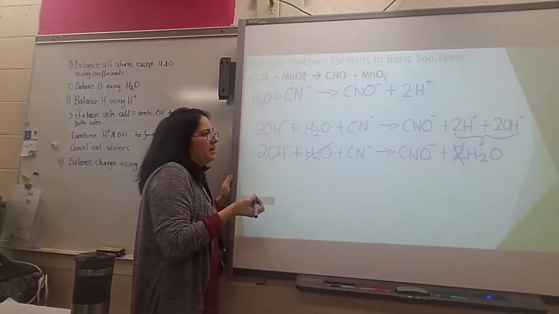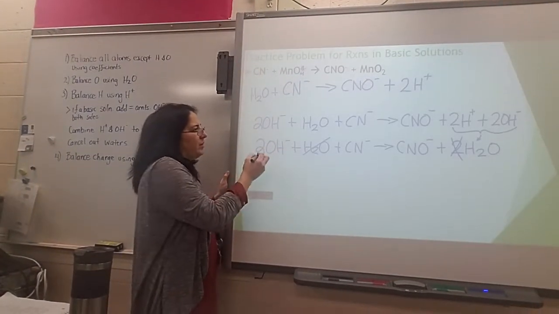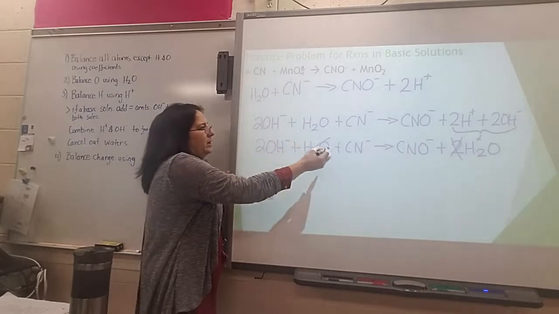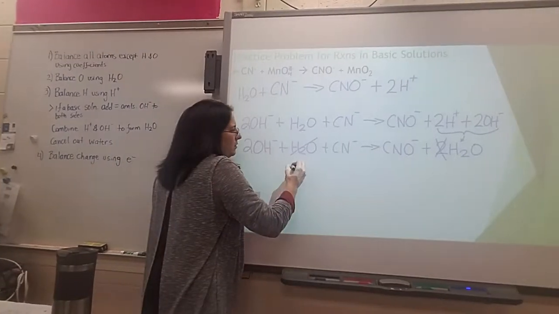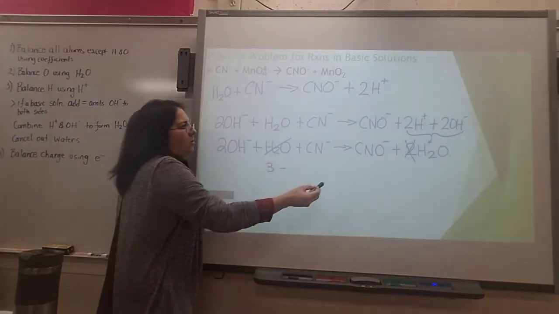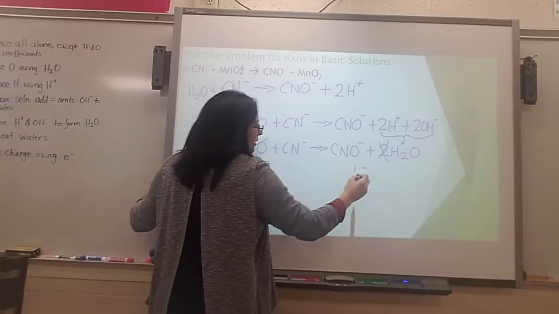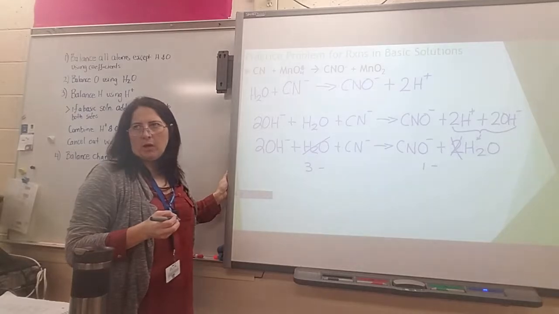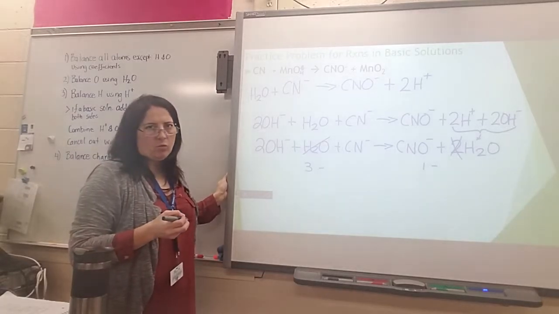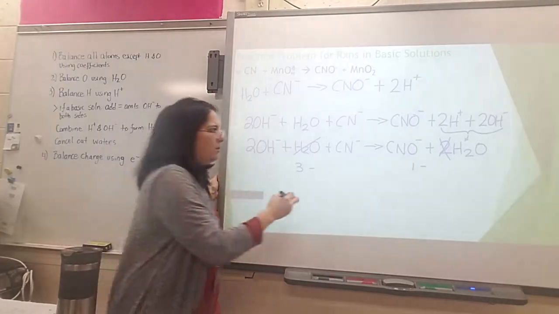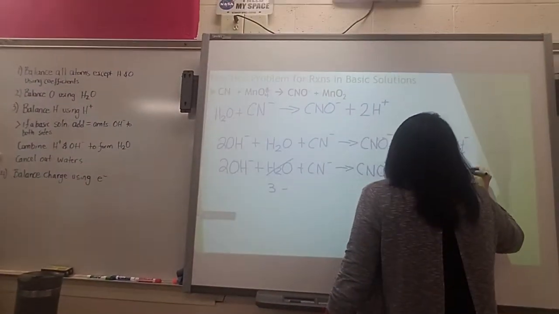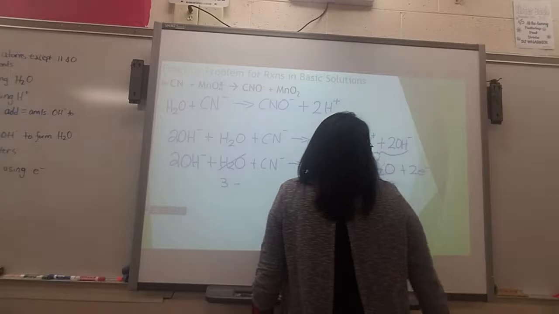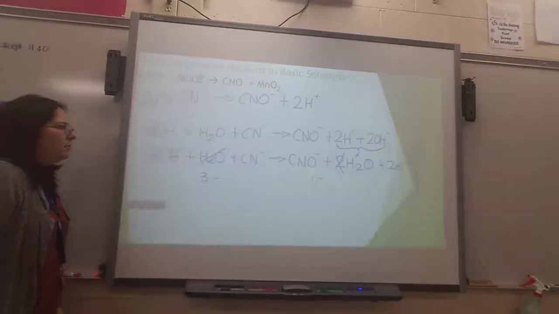All right, then I need to balance my charge. Over here, I have 3 negatives. Over here, I have 1 negative. So I need to do what? 2 that side. Okay.